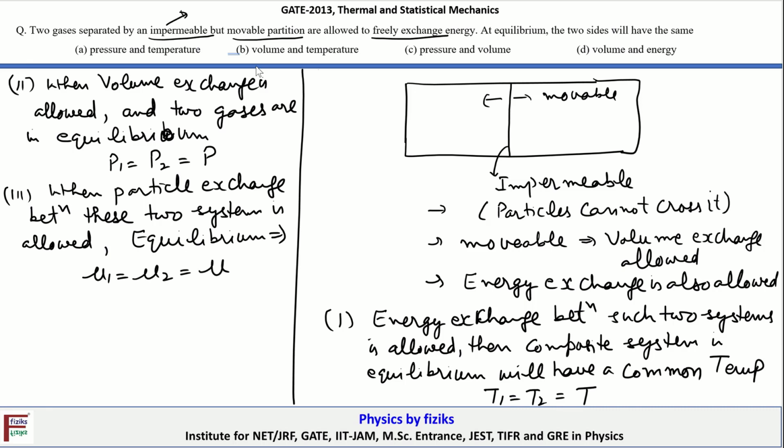So these are the three different conditions that we can try to understand in a different way.